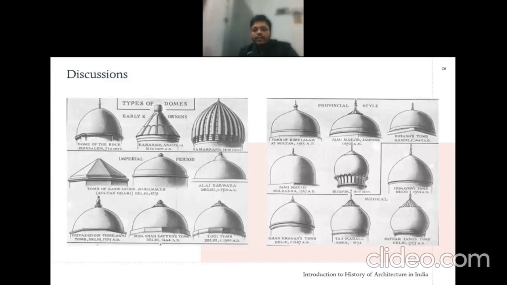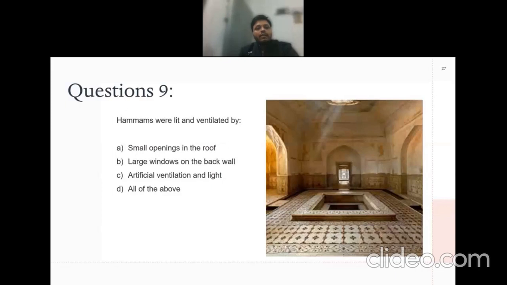Humayun's tomb and others are examples of Mughal tombs, like Khan-i-Khanan's tomb of Delhi, the Taj Mahal of Agra, Safdarjung's tomb of Delhi from 1753 AD, and Humayun's tomb of Delhi from 1564 AD. So these are some of the types of domes constructed during the imperial period, the provincial style, and the Mughal period.